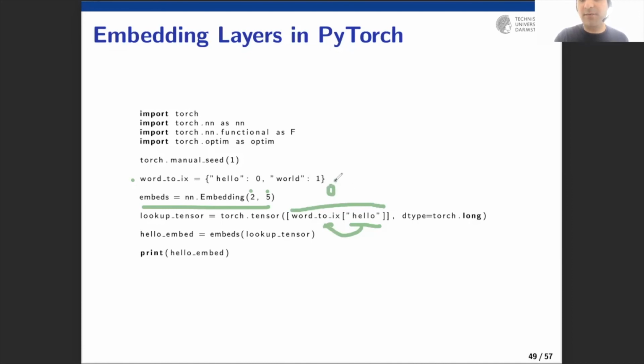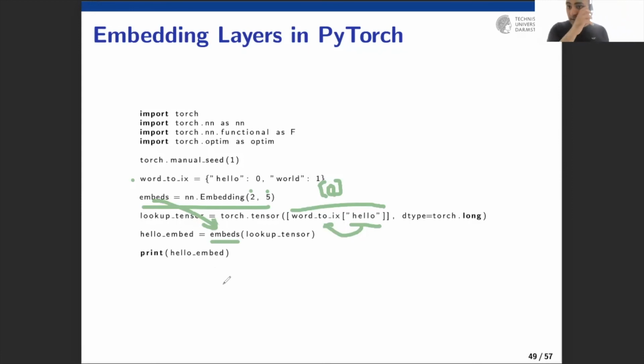And then we have a tensor like this, with type long integer, and we give this lookup tensor, which is 0, to the embedding layer that is defined here, and it returns the embedding vector for hello. So we get the vector representation of hello, and then we can print it.